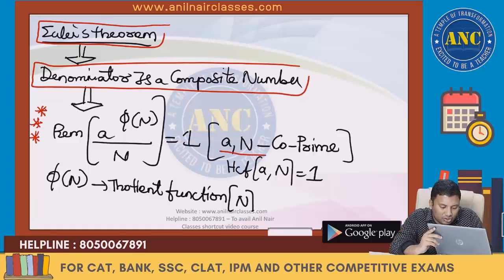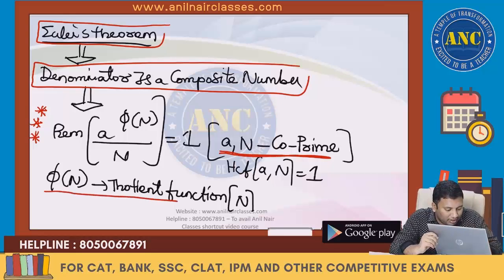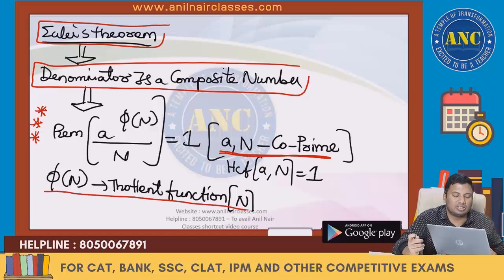A and n should be co-prime to each other, and the denominator is a composite number. Now, totient function. What is this totient function? Please write down a side heading: totient function.